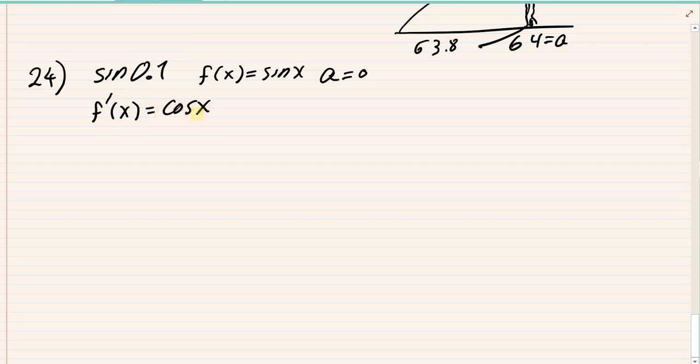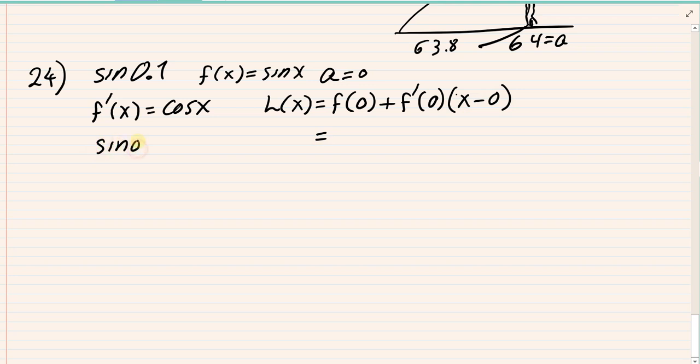True? And the linearization, again, is going to be f at a plus f prime at a times x minus a. All right. And f at 0, that would be sine of 0 radians, that is, would be 0.